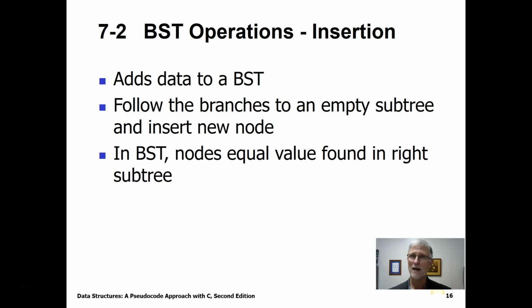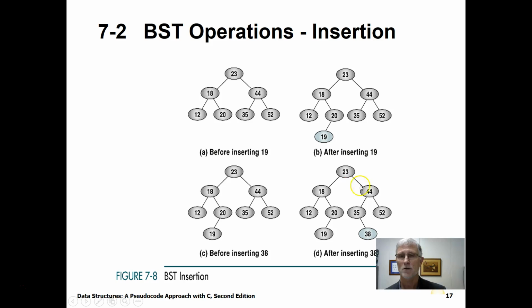So I've got to make sure that when I'm adding data to a binary search tree, I follow the branches to get to an empty subtree and then insert that node. Now, if you allow for duplicates, they should appear in the right subtree.